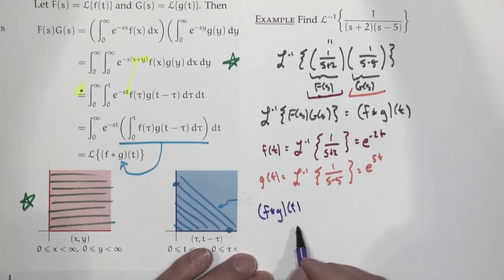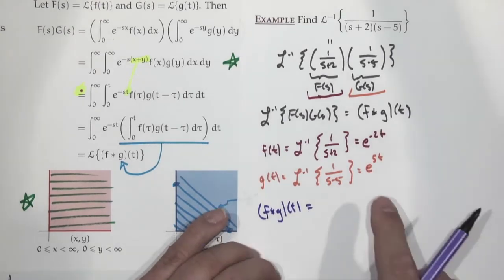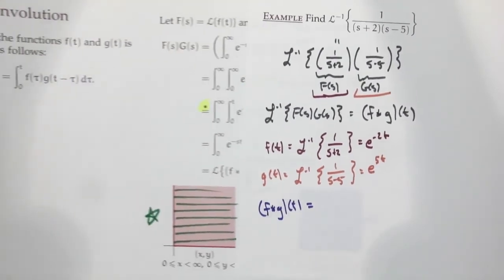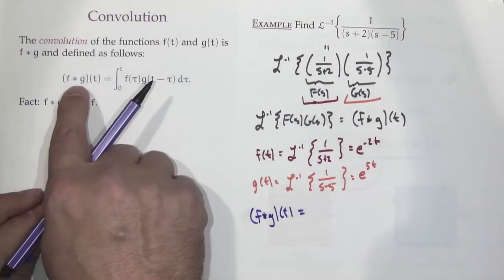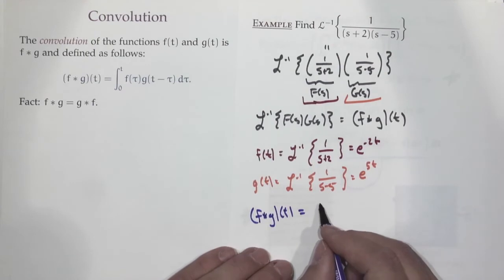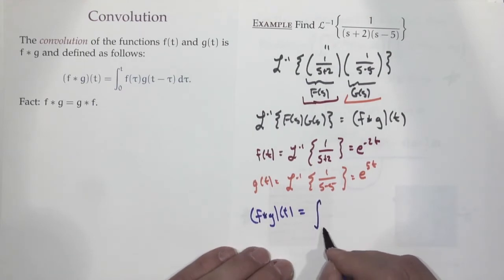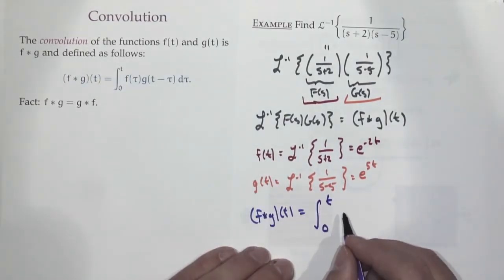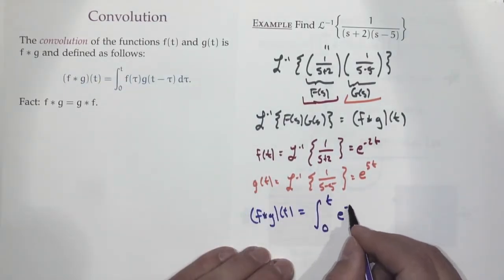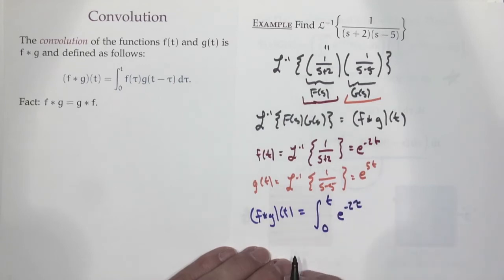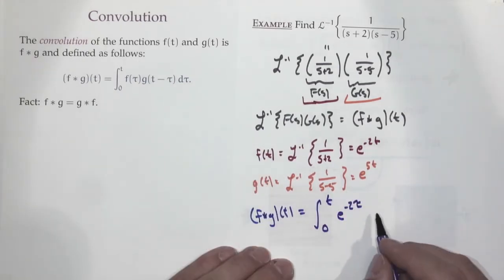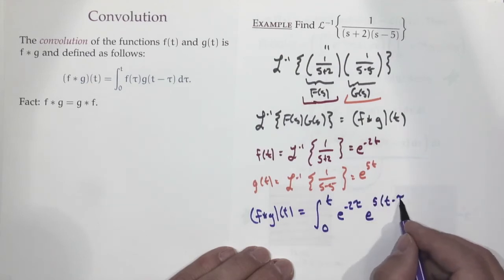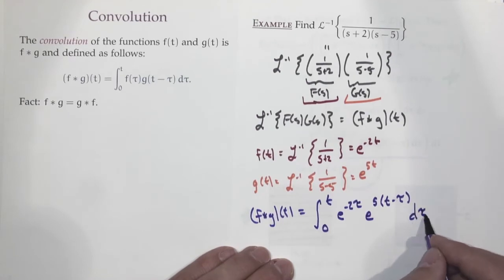So this is what we want, where f and g are these pieces. So let's come back here, just to remind ourselves what f star g is. That's the integral from 0 to t, so just copying here, f of tau, so that's e to the minus 2 tau, g of t minus tau, so that's e to the 5 times (t minus tau), d tau.